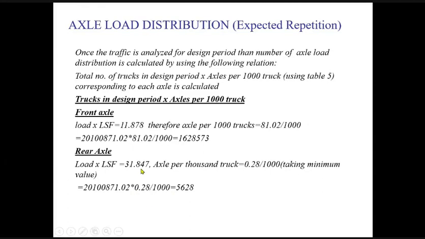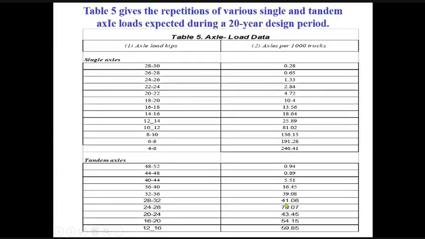That's 0.28. I'll check why I've taken 0.28. Oh, sorry. Because this is also a single axle load. Because that was 28 to 30 and more than 30 kips were not allowed, I've taken the minimum as 0.28. I was thinking that was a tandem axle. So that's why 0.28, because the rear axle was also a single axle.